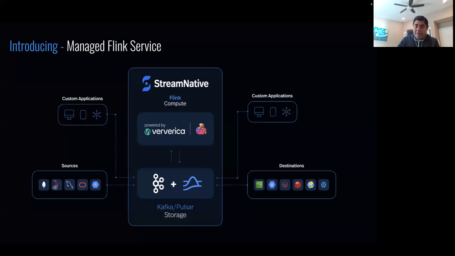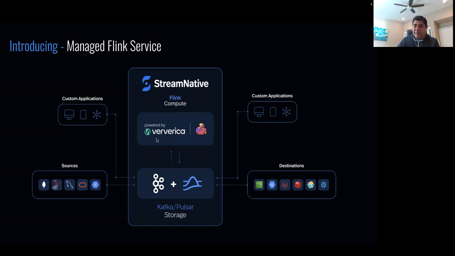Definitely want to talk about the managed Flink service from StreamNative, in case there are attendees on the call who have not heard about this announcement. We announced a managed Flink service within StreamNative Cloud last month, and this is really our collaboration with Ververica.